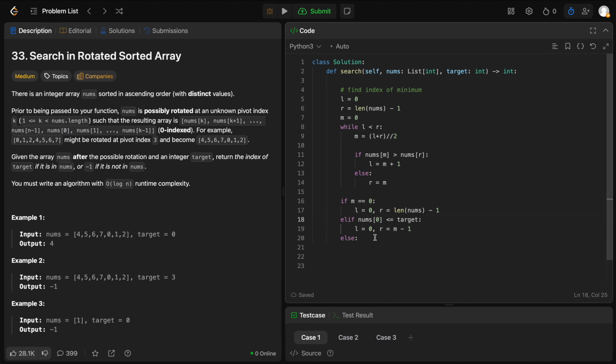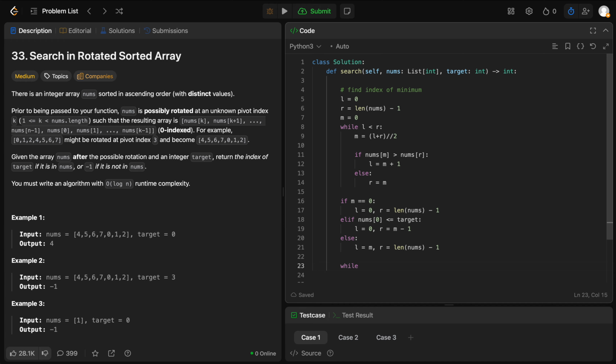But if nums of 0 is greater than target, then left is equal m and right is equal length of nums minus 1.